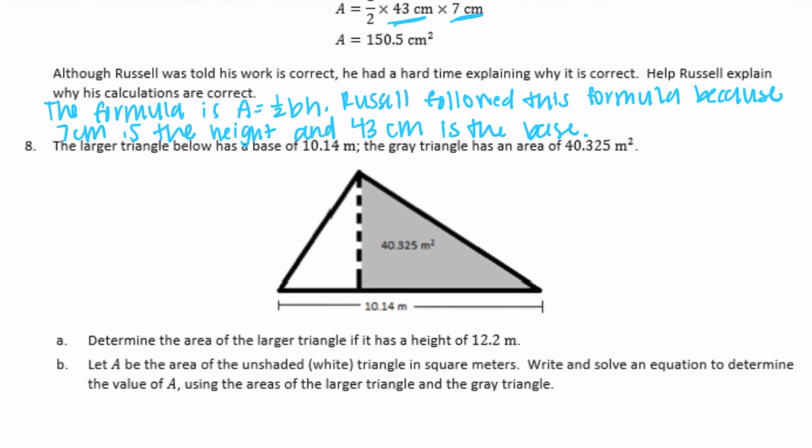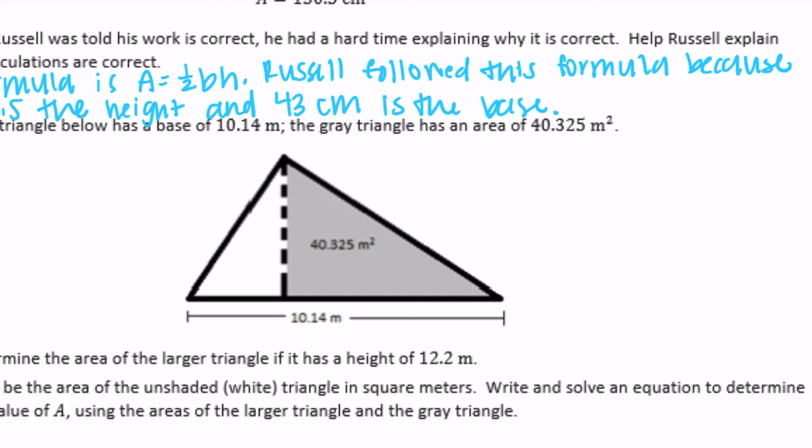Number 8, the larger triangle below has a base of 10 and 1400ths meters. The gray triangle has an area of 40 and 325 thousandths meters squared. Determine the area of the larger triangle if it has a height of 12 and 2/10 meters. Okay, so like we just said, area is 1/2 base times height.